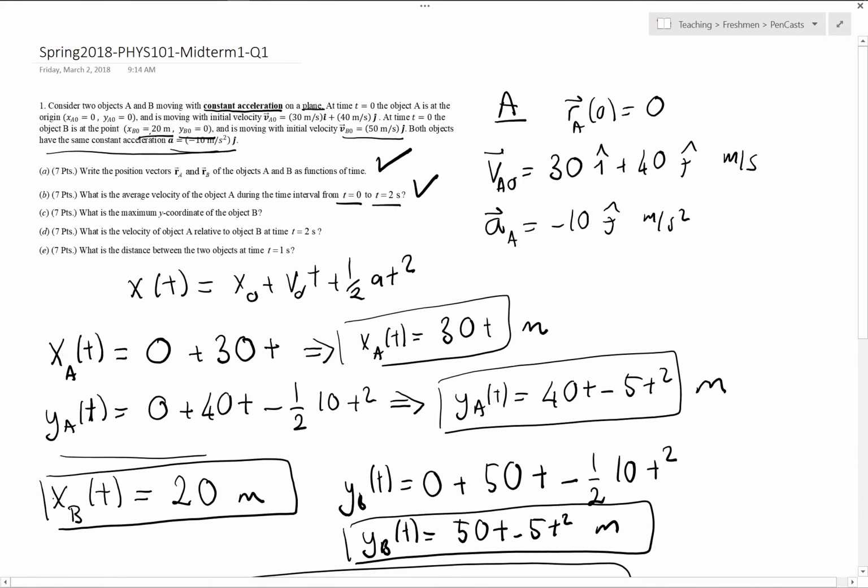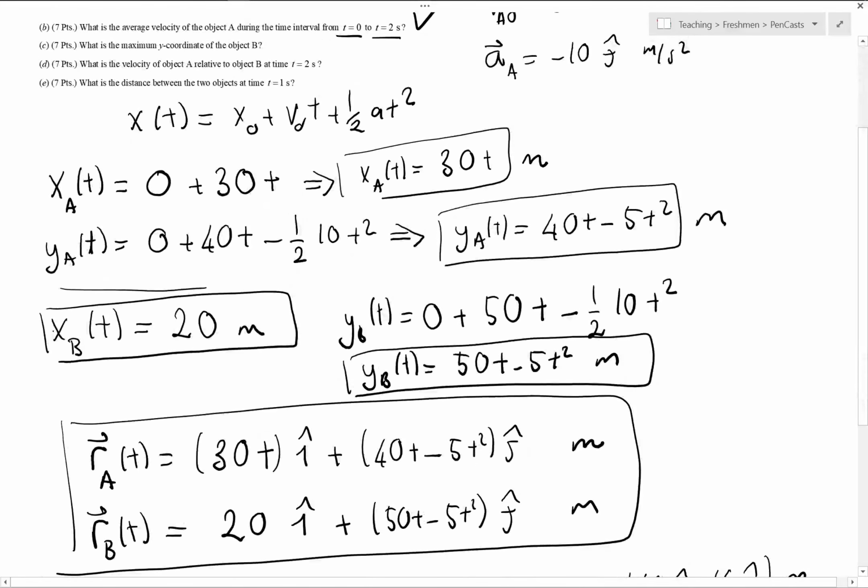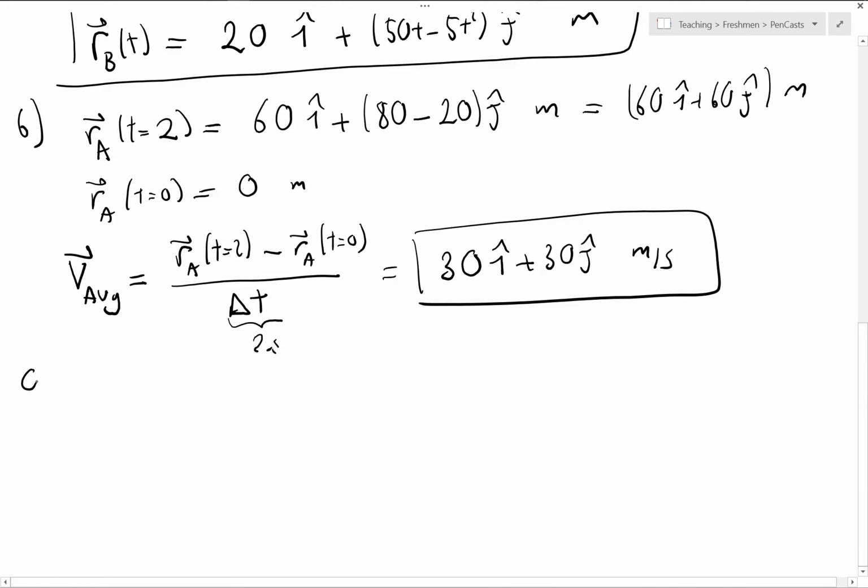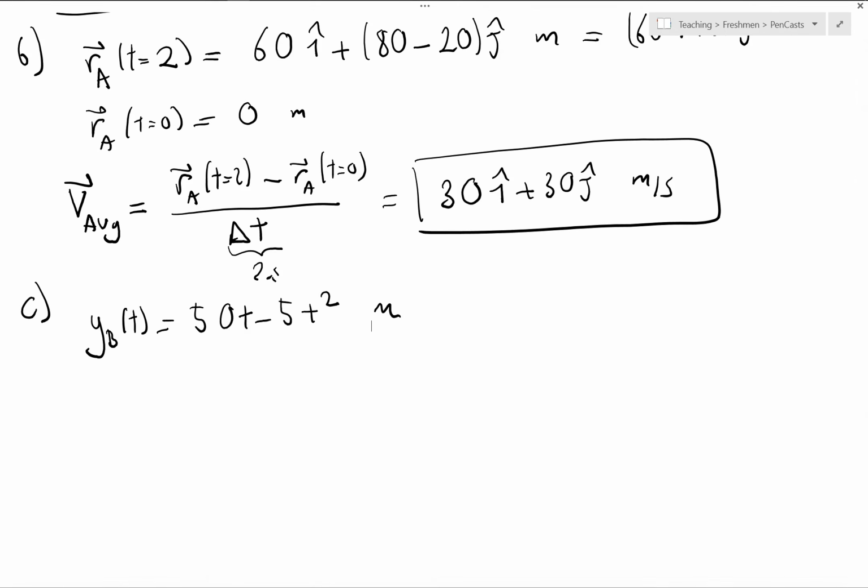That's great. What's the maximum y coordinate of the object B? Okay, so I can see that yb of t is 50t minus 5t squared meters. How do I find the maximum of any function?